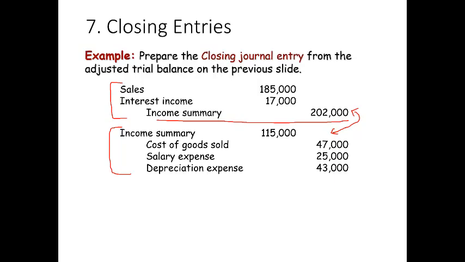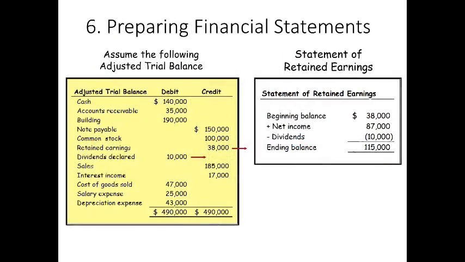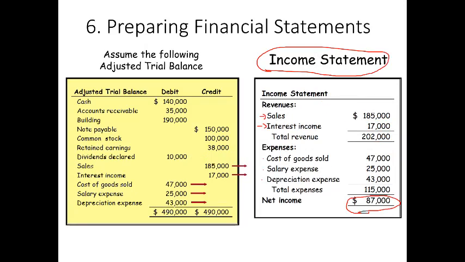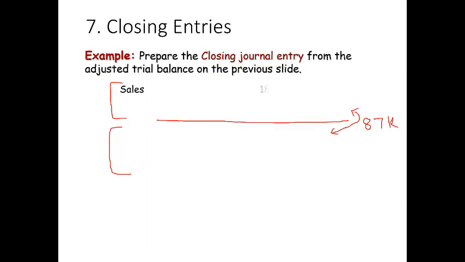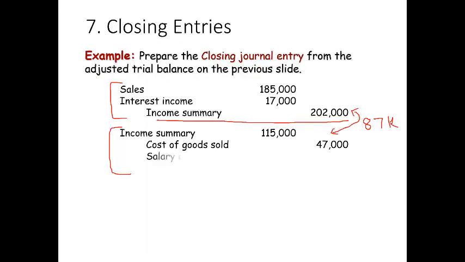This is going to end up being $87,000, which, if you remember, is the same as the $87,000 we had in net income. The balance in the income summary is going to equal your net income.